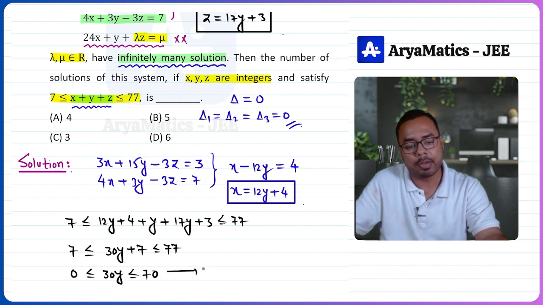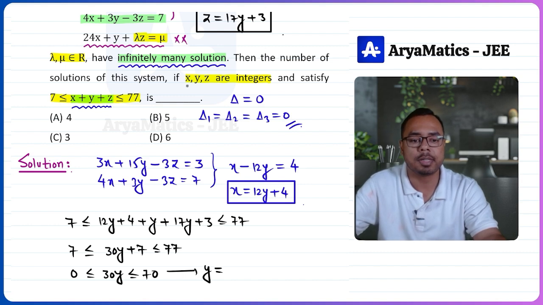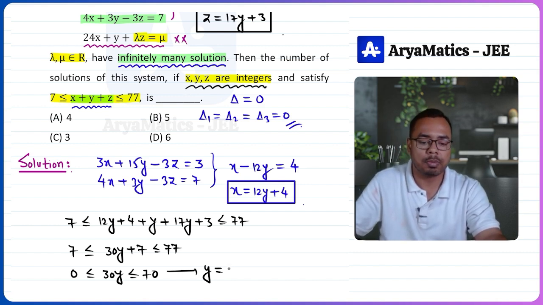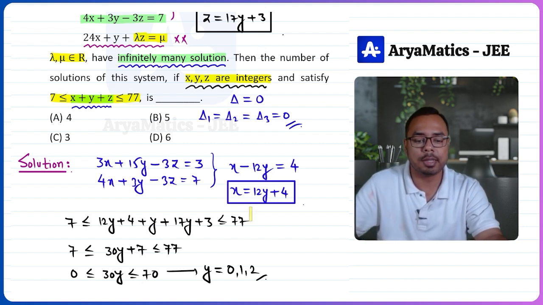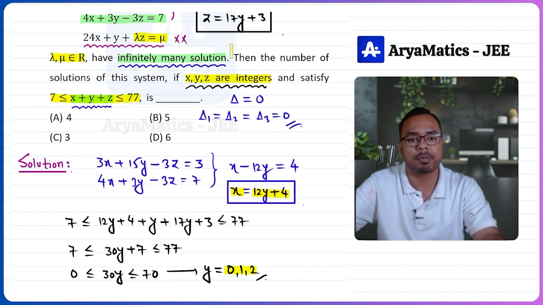From here, clearly you can see the integral values of y, because it is given that x, y, z are integers. So you can take y as 0, 1 or 2, right? If I take y as 3, then it will not satisfy this inequality. So these are the three possible values of y. Corresponding to these values of y, you will get values of x and values of z from the relation z equals 17y plus 3.